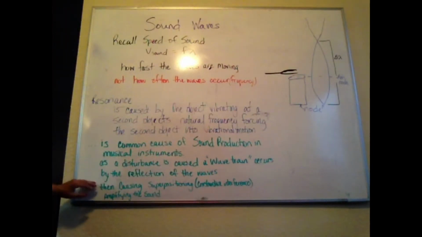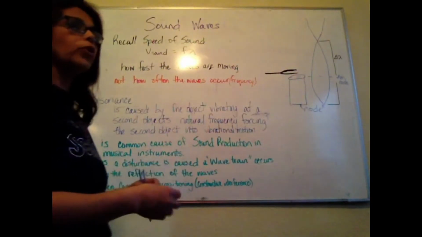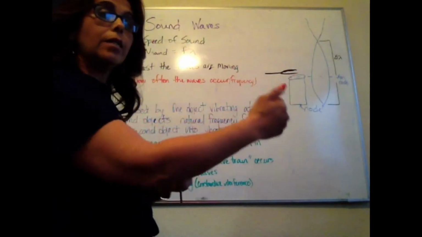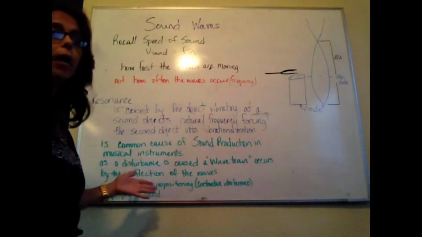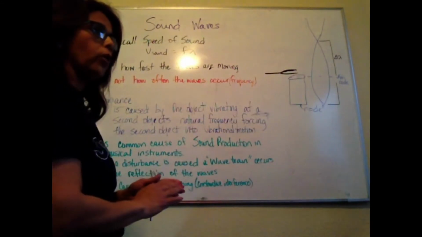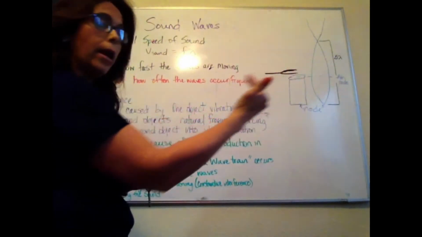It is by the reflection of the waves. As the sound is produced, it travels through the object, hits a barrier, and then comes back, which is what reflection is, an echo in common terms.